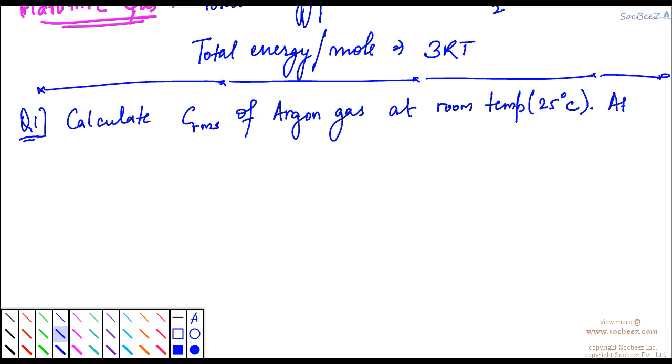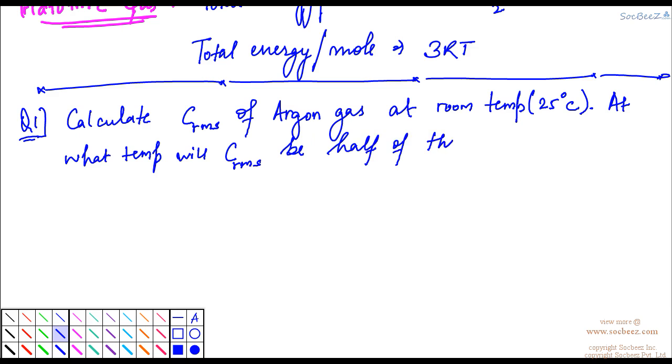And the second question is, at what temperature will CRMS be half of this value? What is the value of the CRMS right now, and at what temperature will the CRMS become half of the present value?